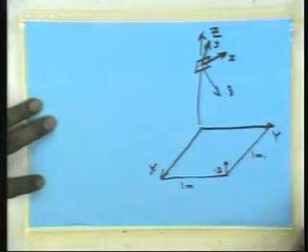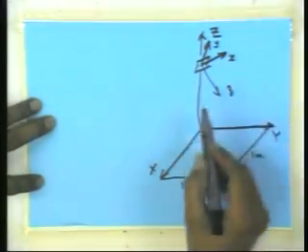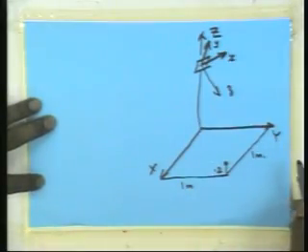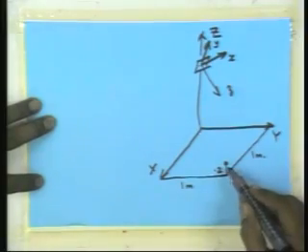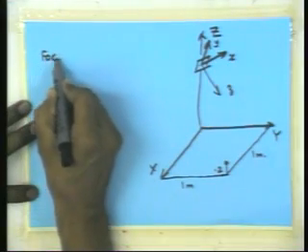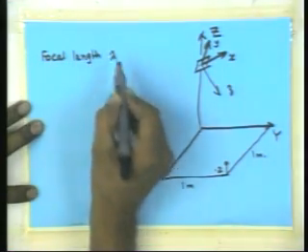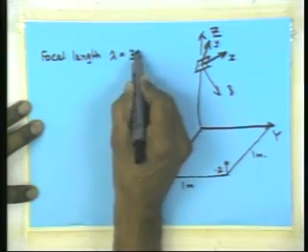So, my camera is put with the image plane center along the global z axis, and I am looking at this point and I want to know where this will appear in the image plane. Of course, I will have to be given a few other things. I will have to be given what is the focal length lambda, let us say is 35 millimeters.